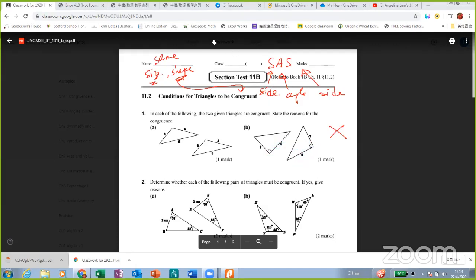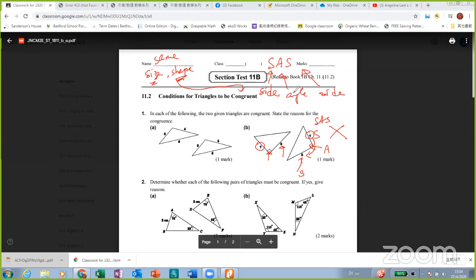If I go in this way, I first have the information of side, and then it comes to the angle, and then side again. Therefore, this is SAS.